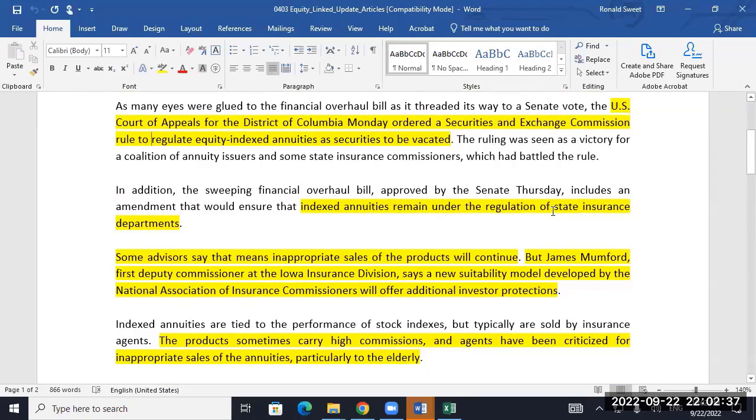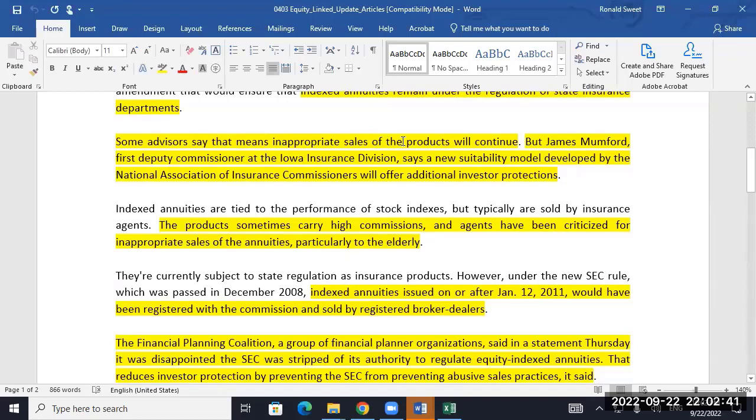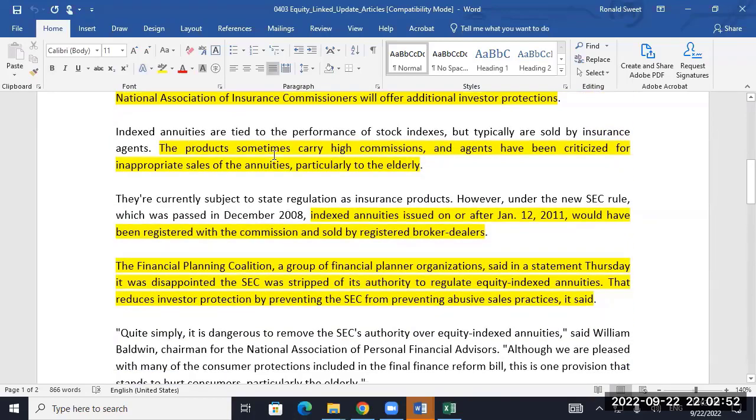Index annuities remain under the regulation of state insurance. Some advisors say that means inappropriate sales of products. The new suitability model developed by the NAIC offered additional protections, but probably not. The products sometimes carry high commissions. Agents have been criticized for inappropriate sales.